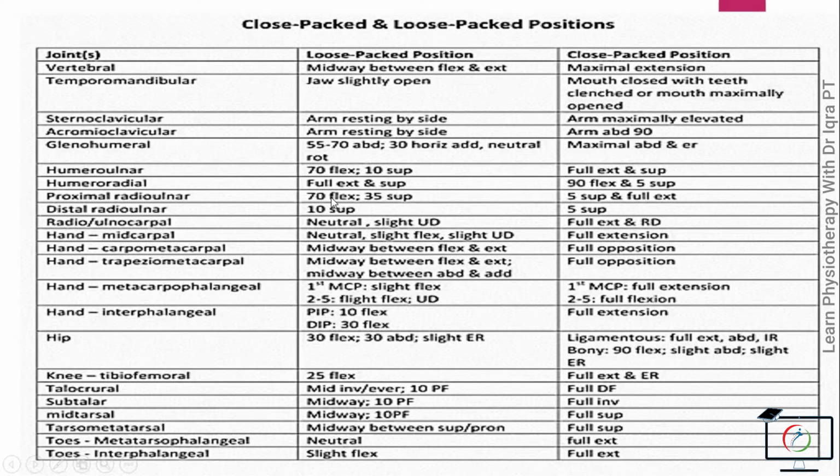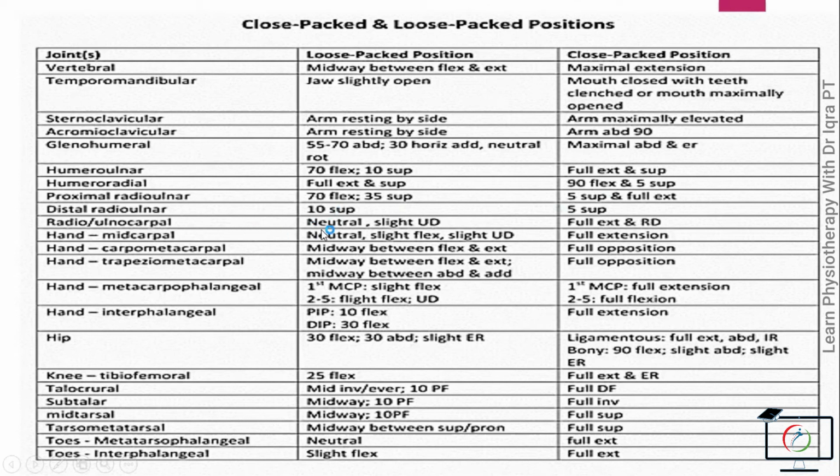Proximal radioulnar joint has a loose back position with 70 degree of flexion and 35 degree of supination, while the closed back position is at 5 degree supination and full extension. Distal radioulnar joint is closed back at 5 degree of supination and loosely packed at 10 degree supination.